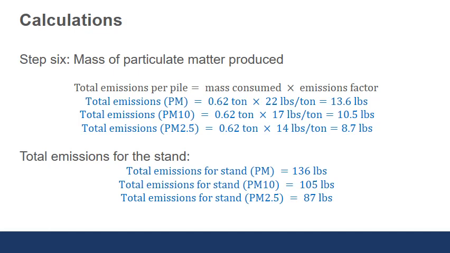Plugging these emissions factors into our example, we get total emissions per one pile of 13.6, 10.5, and 8.7 pounds respectively for total PM, PM10, and PM2.5. Remember that this pile was representative of the 10 on the example site, so to get the total emissions for the stand, multiply the values by 10.